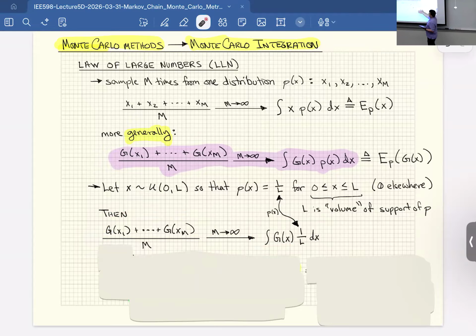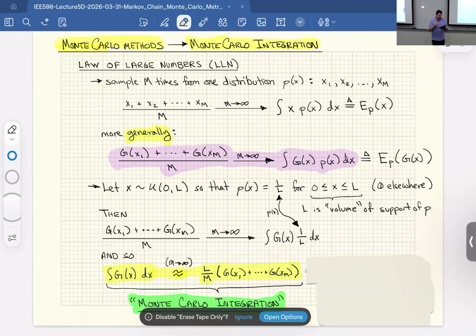So here, I do all of this sampling, I get an estimate of this integral. If I multiply it by my volume, by that L, then I will have an estimate of the integral of G. And G is anything that is defined on this support. So I now have a way to integrate without using traditional numerical methods of integrating up to this point.